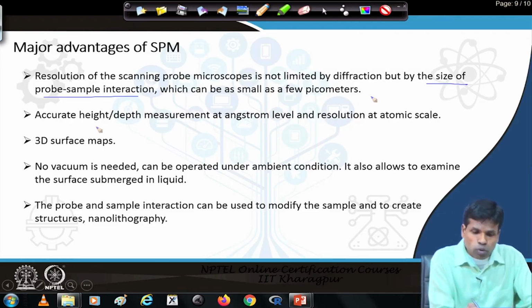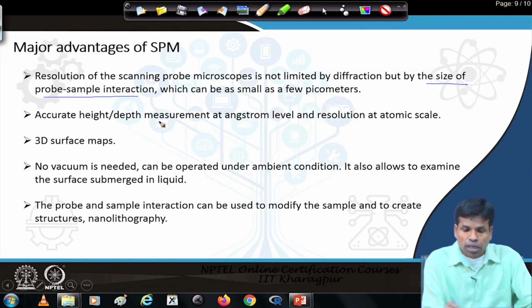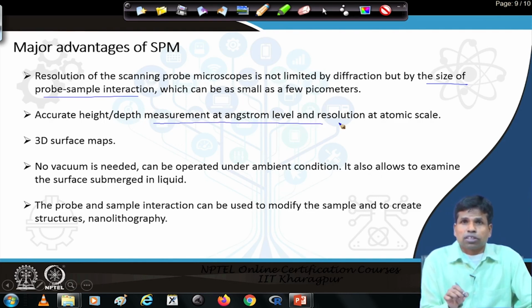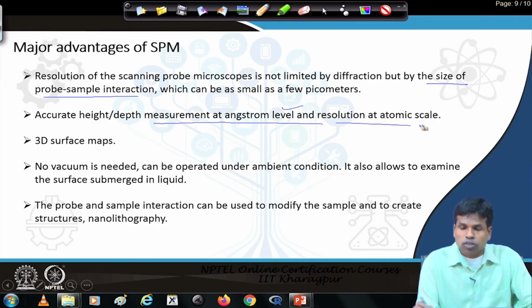The area can be as small as the picometer range. Accurate height and depth measurement at the angstrom level. In previous cases, neither scanning electron microscope nor helium ion microscope gives us thickness or height quantitatively, but only scanning probe microscopy gives us the thickness of the monoatomic layer, diatomic layer at the angstrom level, and certainly the lateral resolution is also at the atomic scale.